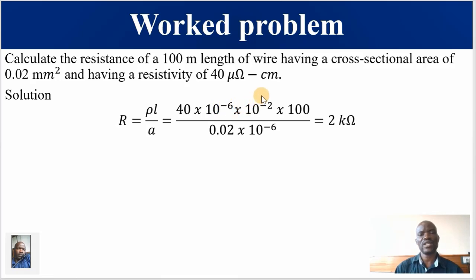Then you change that to meters. Then you multiply by your length. Then you divide by the cross-sectional area, and I've converted that to square meters. Then you must get 2000 ohms, which is equal to 2 kilo ohm.